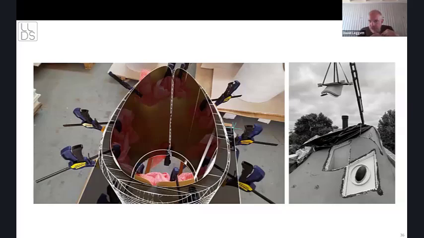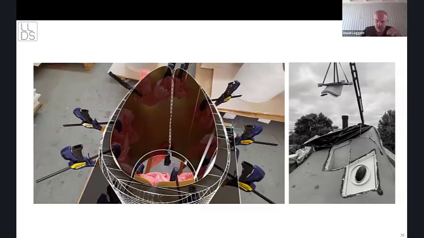Another feature of the roof is the skylights. So there's 13 in total. These were made from layering up the same 18mm thick plywood, and then they're inlaid with a sheet of brass internally.